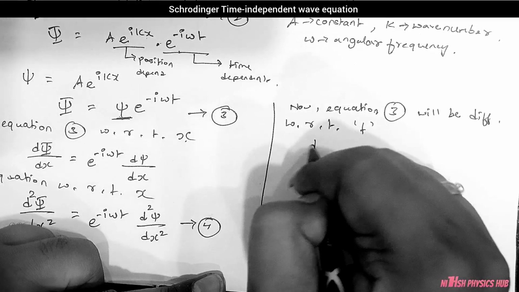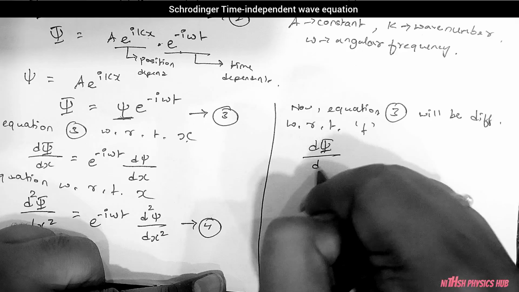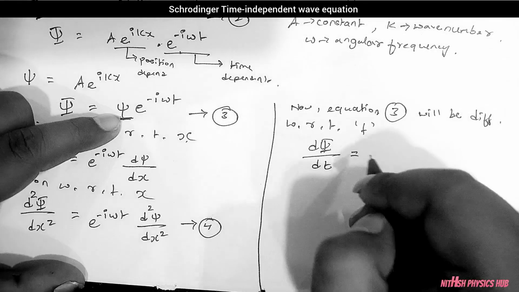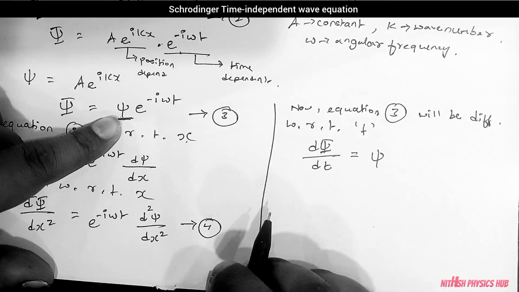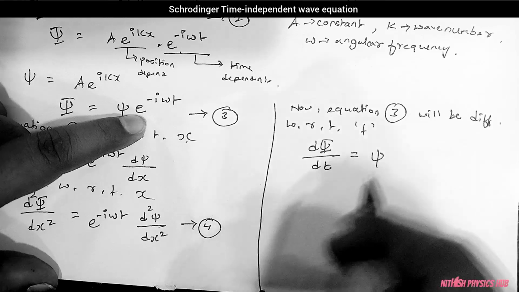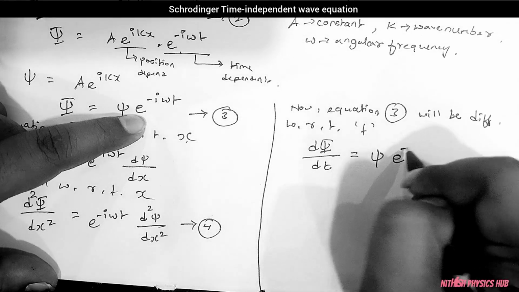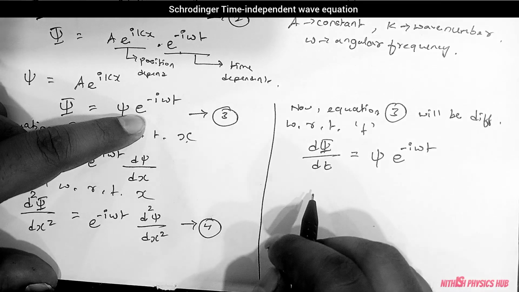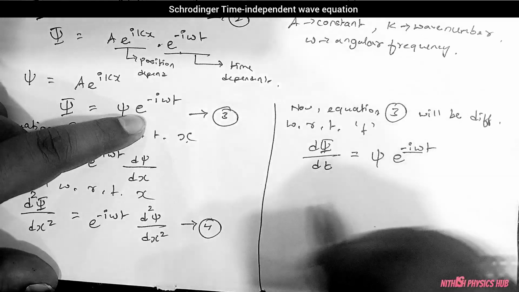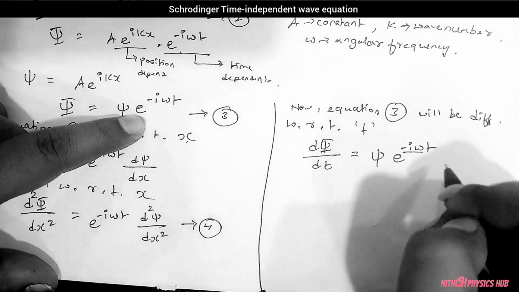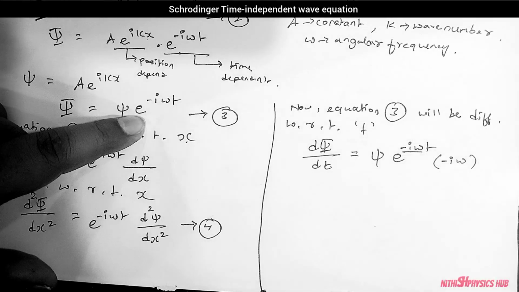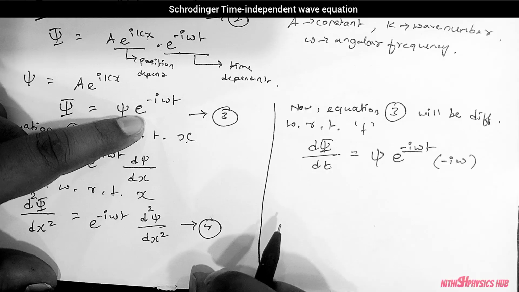So differentiating, d psi divided by dt is equal to, since psi is a constant term now, it will be taken as psi, and you know that e to the power of any function will have a differentiation of the same value, but whatever constant has been multiplied should be considered. Here minus i omega will be multiplied along with the exponential term.